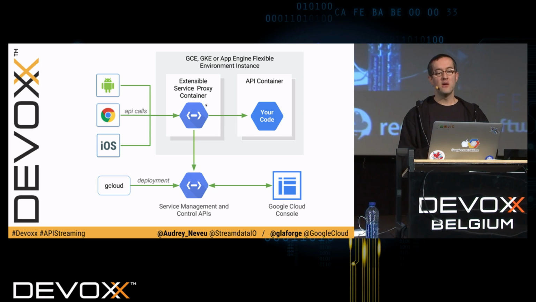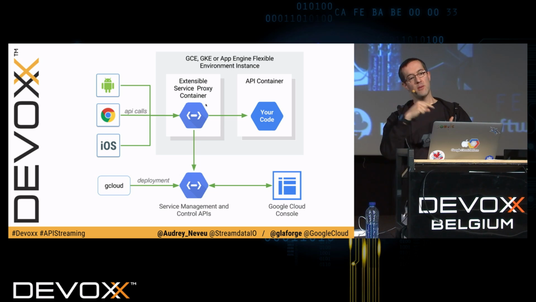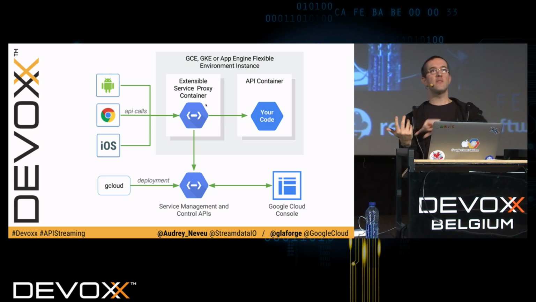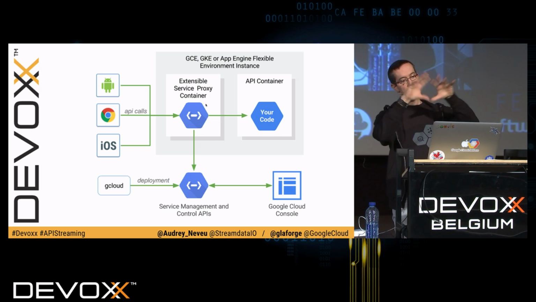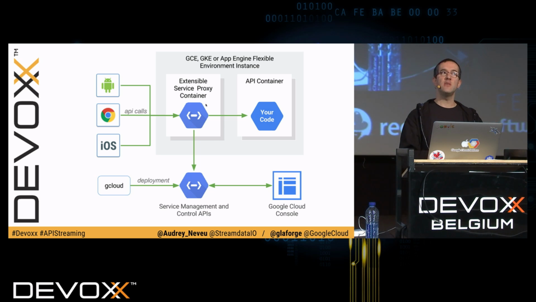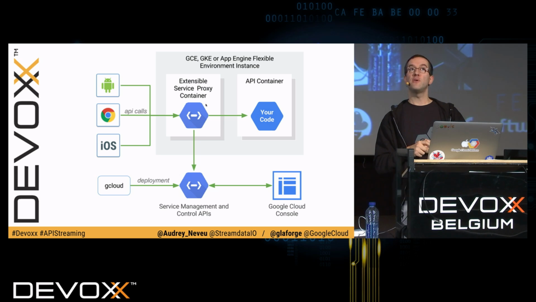So there's basically no latency, because sometimes when you use a third-party API management solution, you have to go through the proxy and then go back to the app, or you might have a big central proxy that delegates to tons of different APIs.